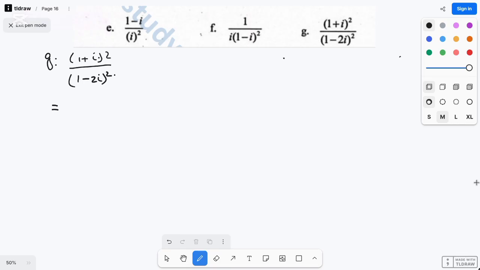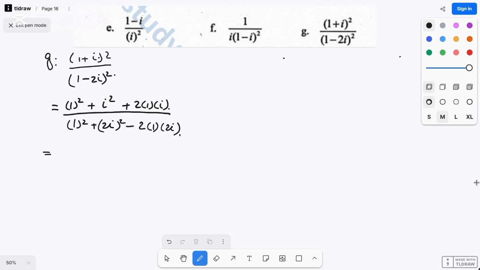In both, first we will open the brackets: this is 1 squared plus iota squared plus 2 into first into second, divided by 1 squared plus 2 iota whole squared minus 2 into first term and the second term, equal to 1 plus iota square plus 2 iota divided by 1 plus 4 iota square minus 4 iota.